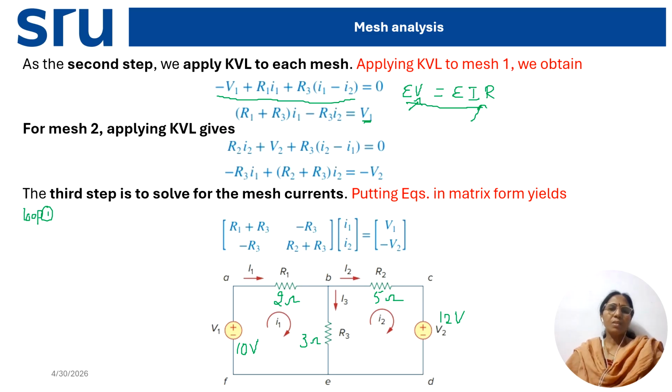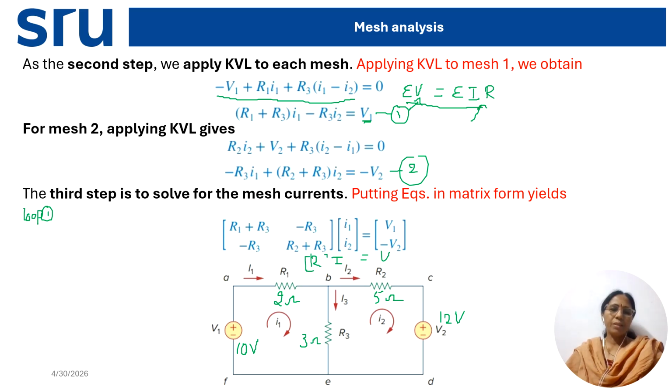V equals, this is your source voltage, and the IR drops I am writing on the other side. And here is the loop 2 equation. It is like the equation we discussed in the previous slide. This is equation 1 and equation 2, and these two equations can be represented in matrix form like this. This is the V equals R into I form.